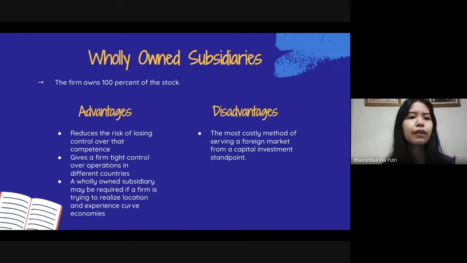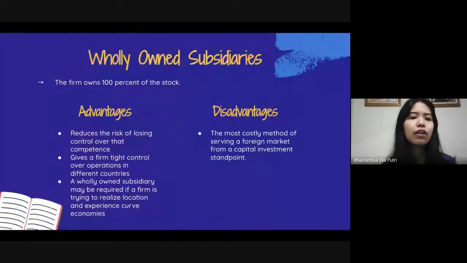First, the firm can set up a new operation in that country, often referred to as a greenfield venture, or it can acquire an established firm in that host nation and use that firm to promote its product.